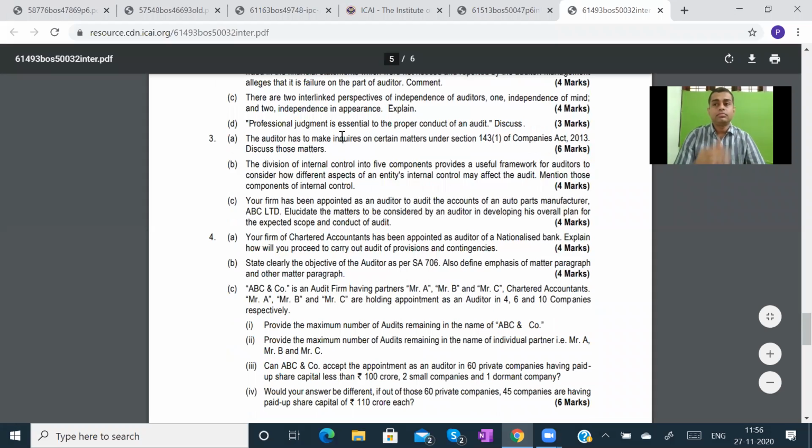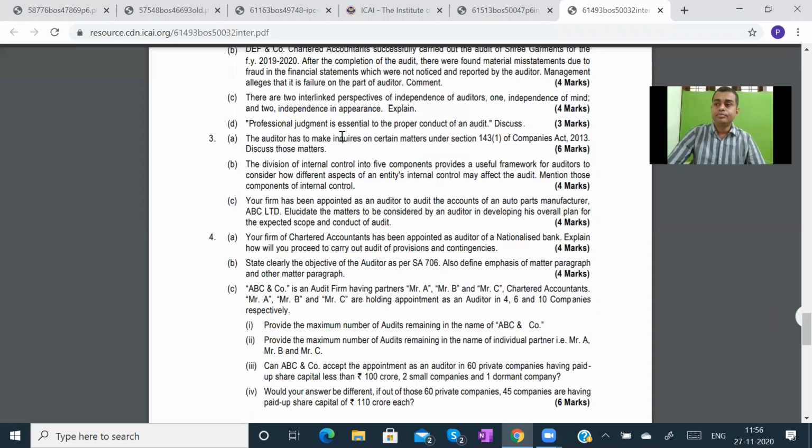The auditor has to make inquiries on certain matters under section 143(1) of the Companies Act 2013. Discuss those matters. Do you remember 143(1)? Day before yesterday itself we have discussed. Whether loans and advances made by the company are properly secured. Whether the terms and conditions are prejudicial to the members of the company or to the company.